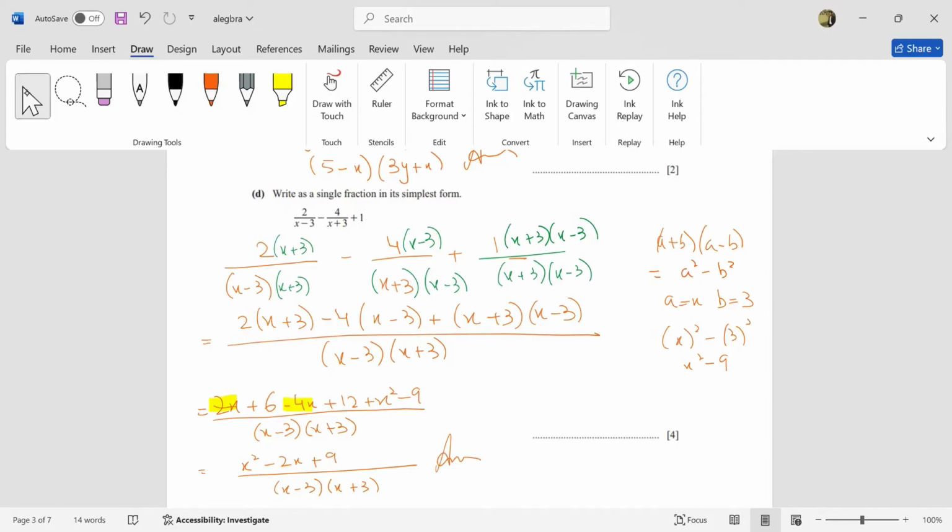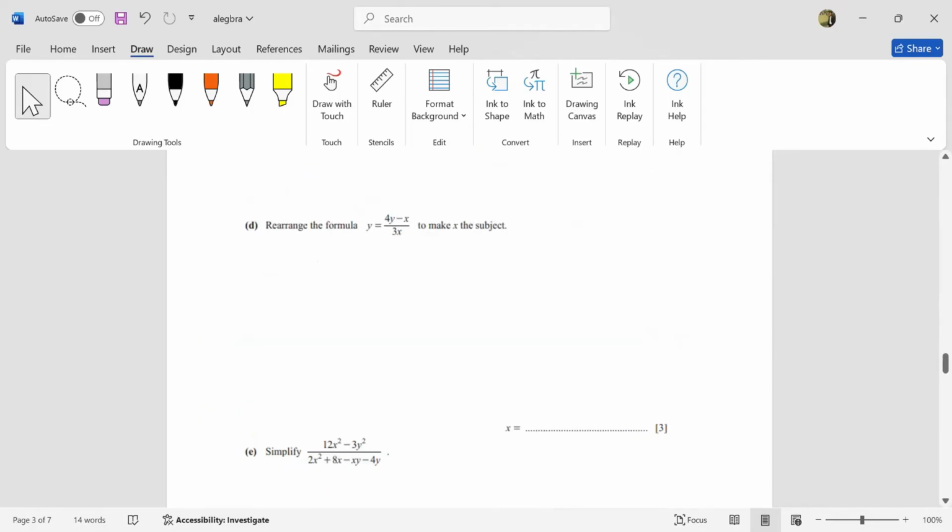Okay, let's move on to the next question. Again, rearrange the formula, making x the subject. Let's rearrange it. 3x is going to multiply with y, becoming 3xy is equal to 4y minus x. Now over here, two terms have got x, so we will bring minus x to the left, leaving 4y on the right.